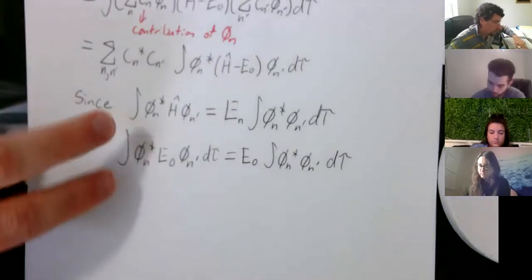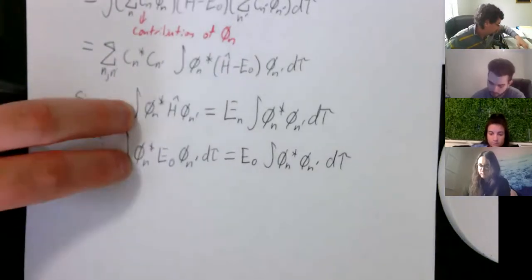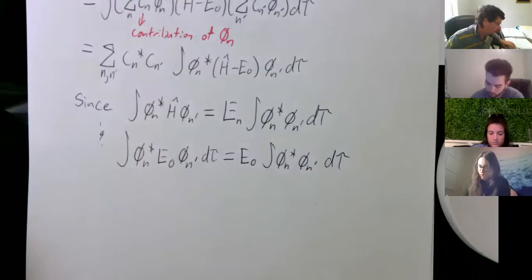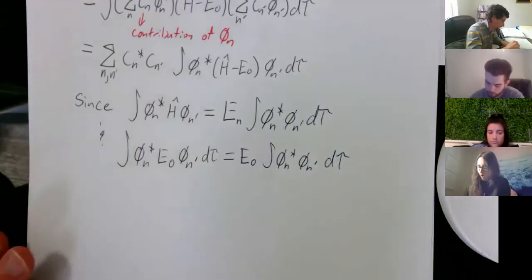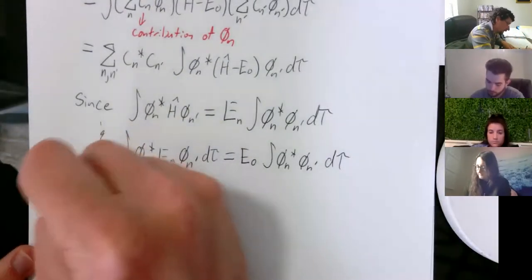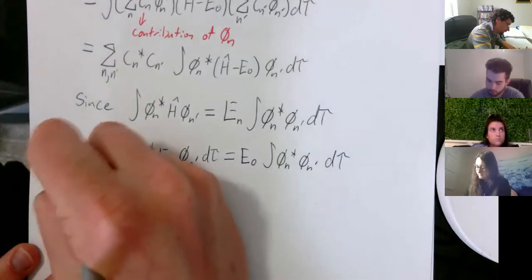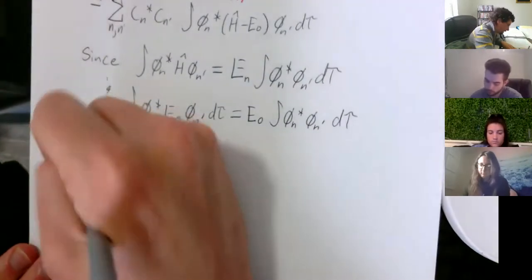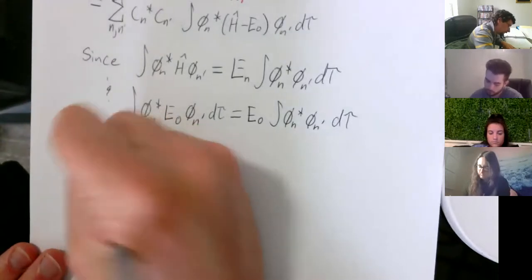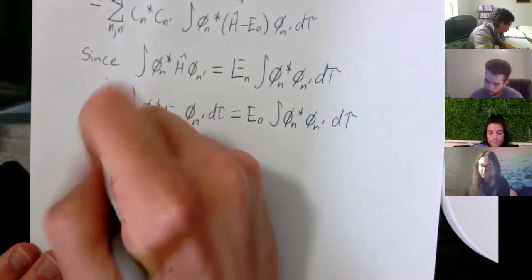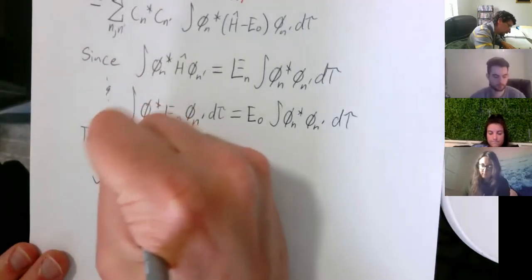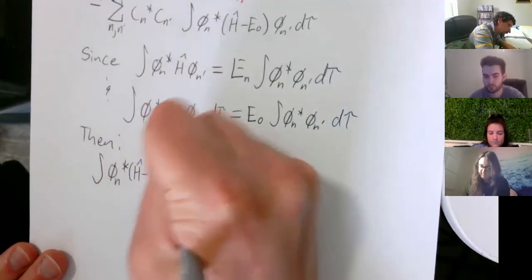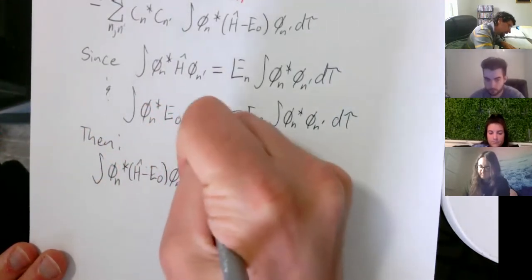Okay, so now what we're going to do is take this stuff and put it into here, and see what we get out of our original expression. So then what do we get? The integral, this thing that we were talking about before, minus E naught n prime d tau.